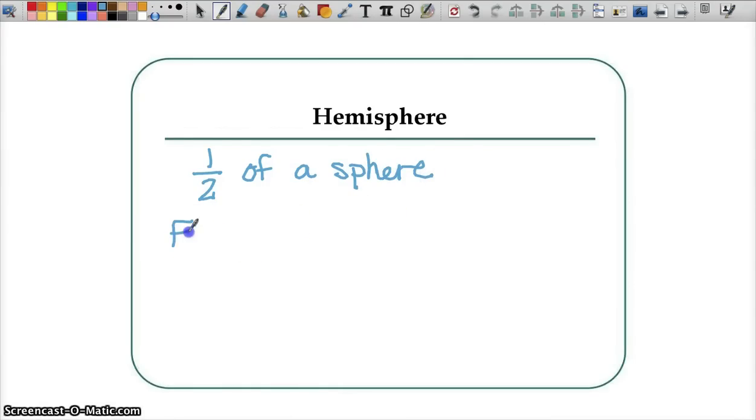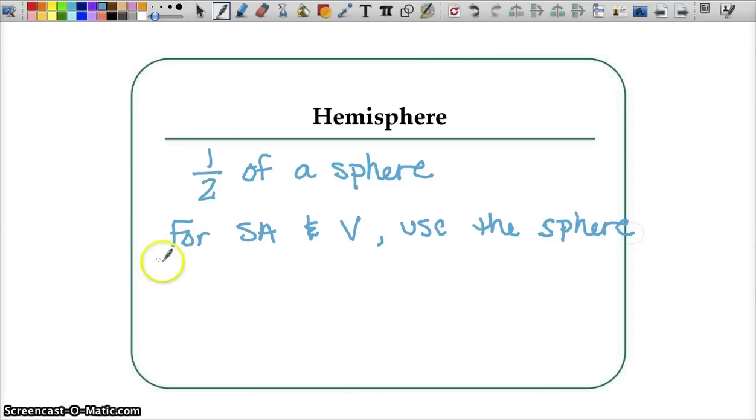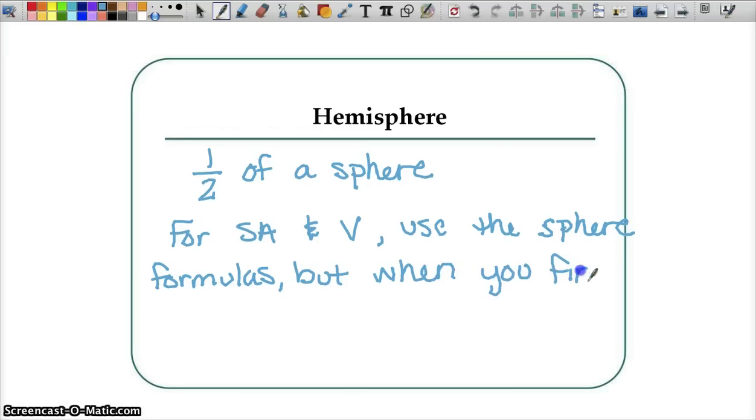So for the surface area and the volume, use the sphere formulas, but when you finish, divide by 2. That's it. That's all you have to do.